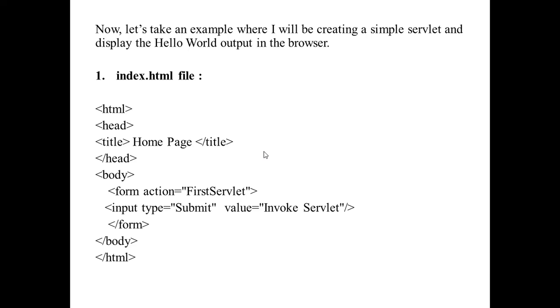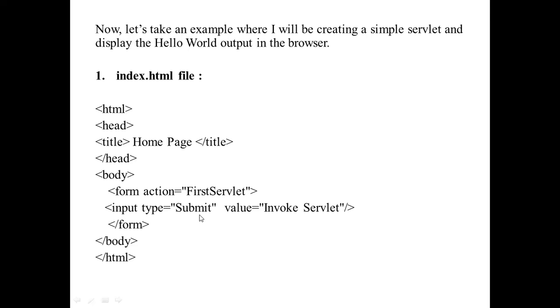So first I am creating the HTML file. The code is: html tag, head tag, title. My title is homepage, close the title tag, close the head tag, open the body tag. In the form, action is equal to, here give the name of the action. Here I am giving the name firstservlet. Then open input type equal to submit.